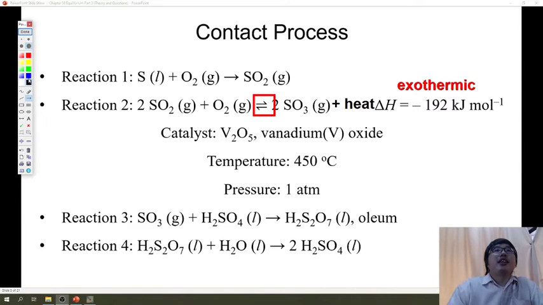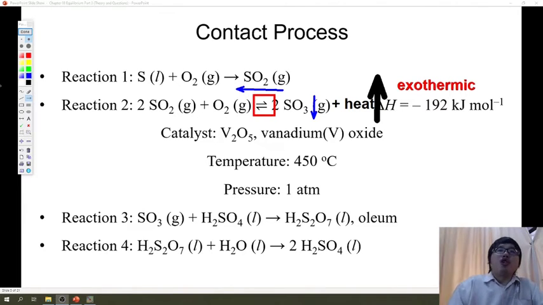Now you must be thinking, if temperature increases, the equilibrium shifts to the left, causing the amount of products to reduce, and that is correct. But again, the reason is similar to the Haber process: to increase the rate of reaction so that you get your sulfur trioxide faster.